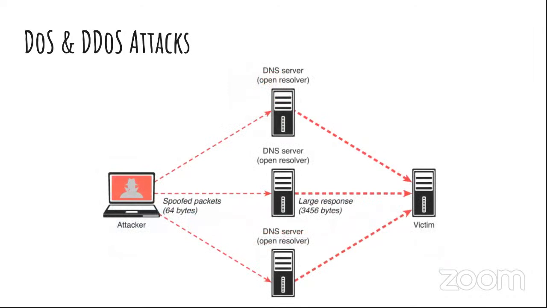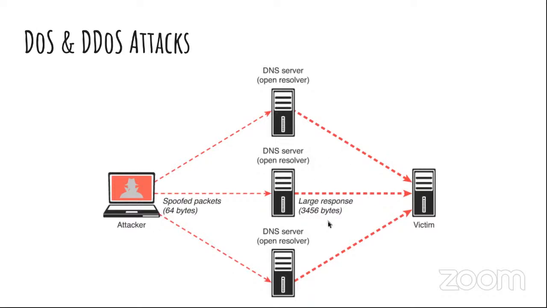There's also the amplification. This is a form of the reflected denial of service in which the response traffic sent by the unwitting participant is larger than initially sent by the attacker. So you see in this case, the spoof packet was 64 bytes big and it went to 3 places.